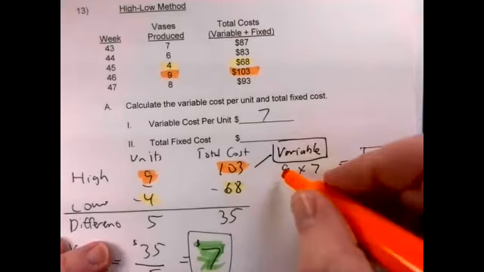And our fixed will be, well, 103 is the total. And this is variable and fixed. So if we subtract out the variable, it'll leave us the fixed. 40. Yep.